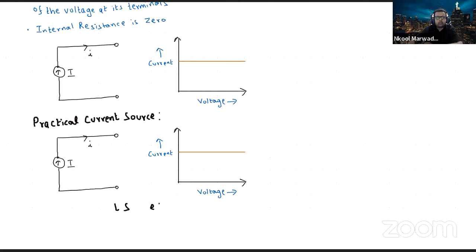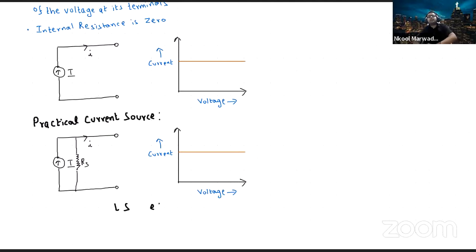And always for the current source, the resistance is in parallel. For the voltage source, the internal resistance is in series. And for the current source, the internal resistance is always in parallel. This you have to remember. So this RS is the internal resistance.